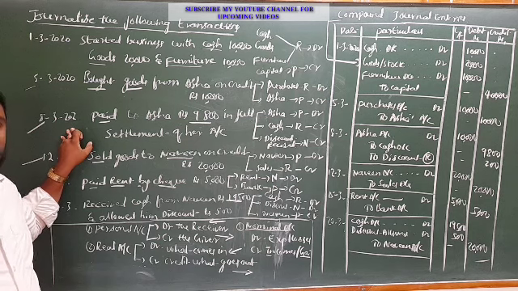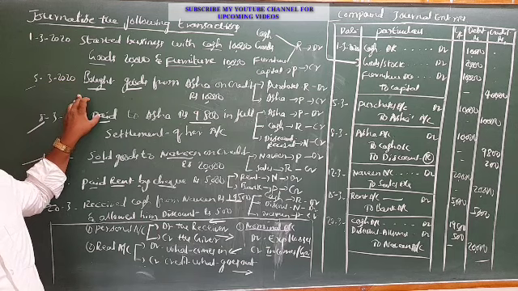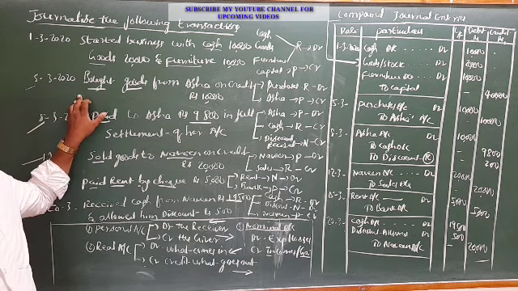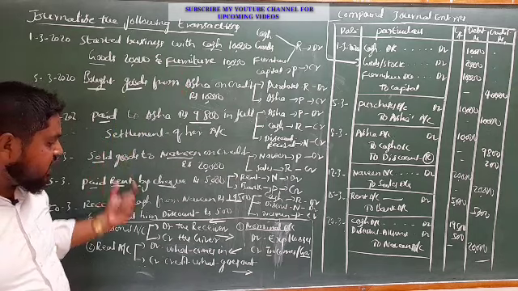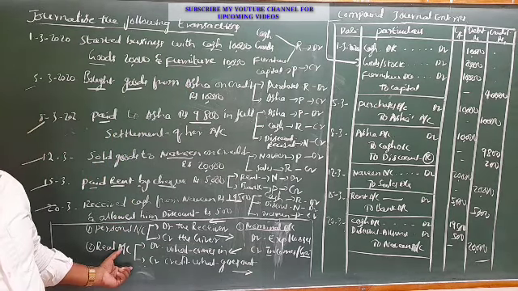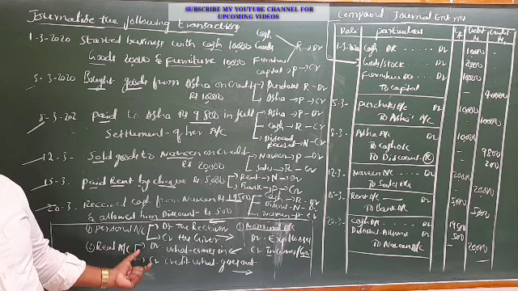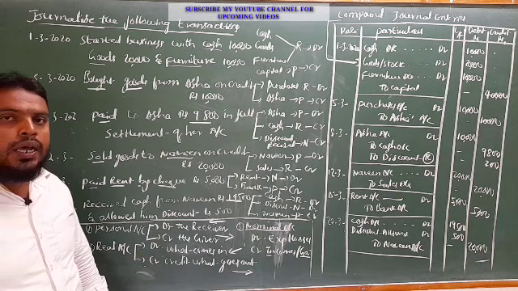Then we have to find out how many accounts are involved in each transaction. After finding the accounts involved, we have to classify them under personal, real and nominal, and find out debit and credit with the help of the golden rules.